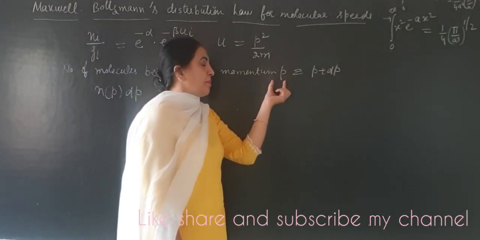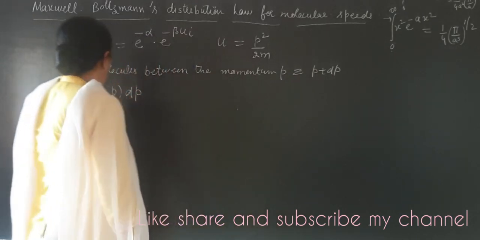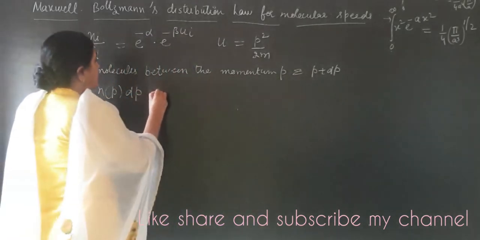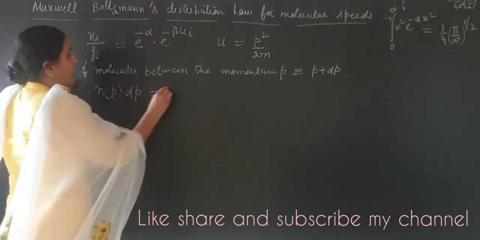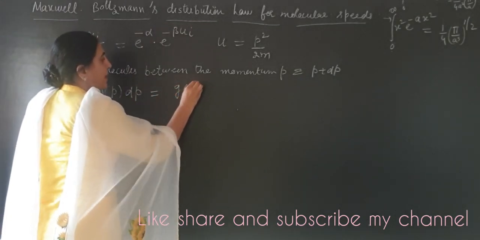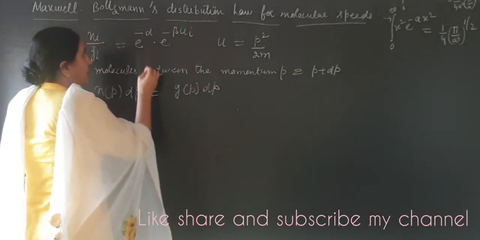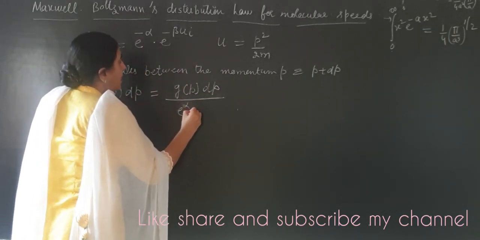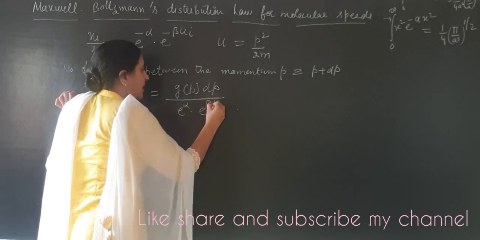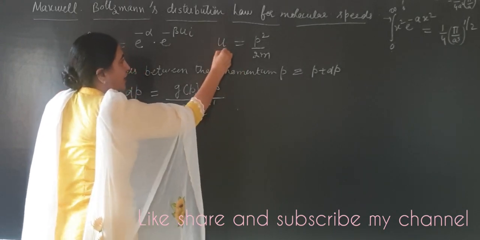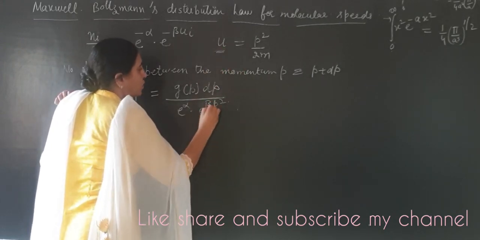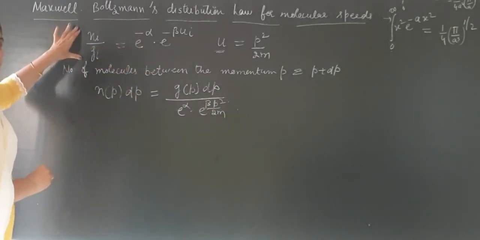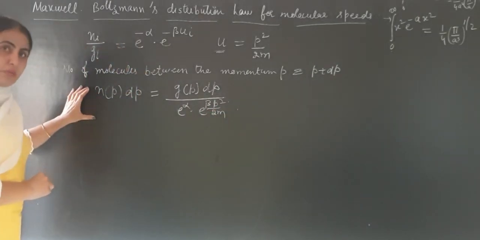Here p stands for momentum. So this is equal to Gi, that goes with G(p) dp, upon e raised to power alpha into e raised to power beta u, and instead of u we write p square by 2m. Now we have changed this expression into momentum terms.